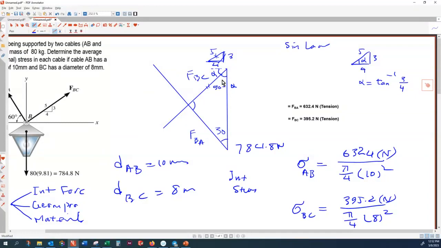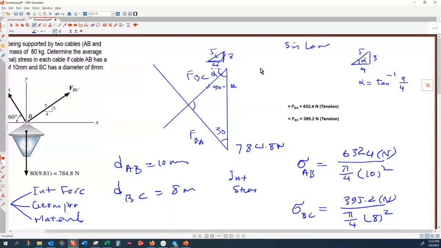All right. So I have this angle, I have this angle, so the opposite angle can be calculated because the sum of the internal angles of a triangle is 180 together. So that you know all the internal angles.